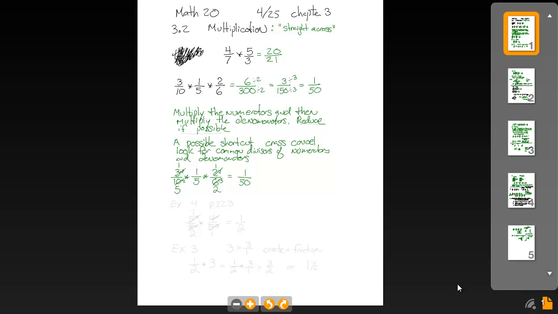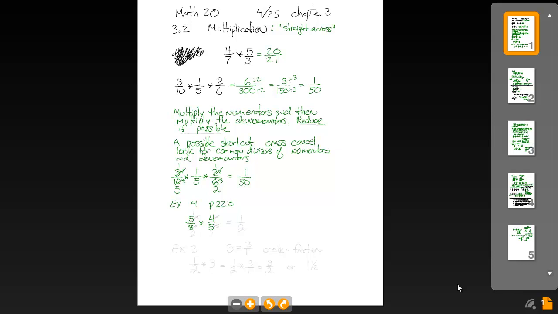So here's another example. This is example 4 from page 223 in the chapter. It's 5/8 times 4/5. See any cancellation? Yeah, 4.